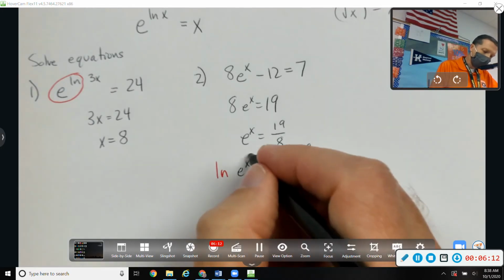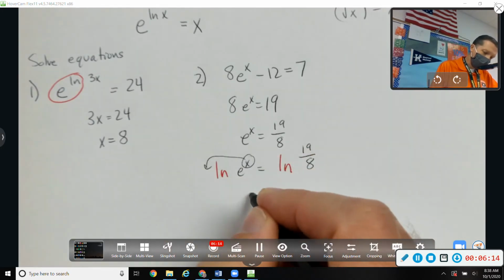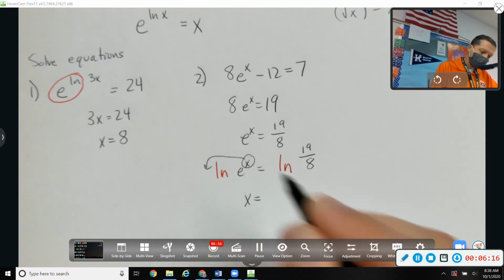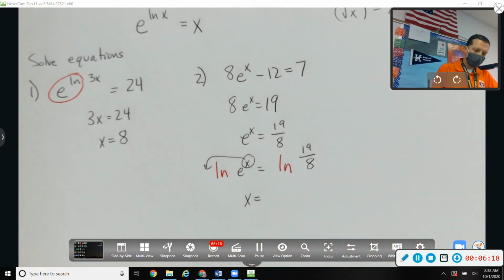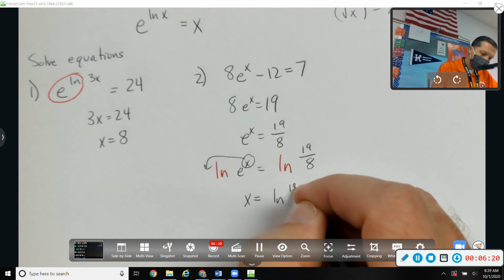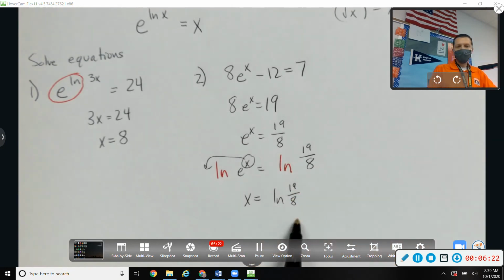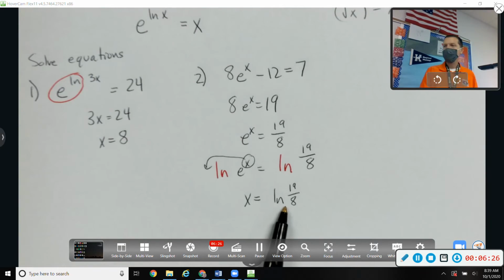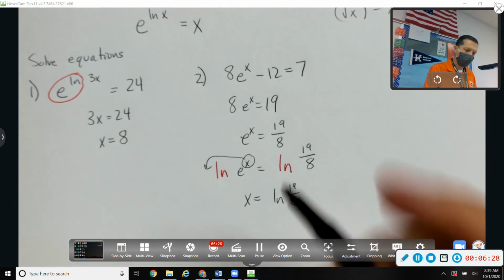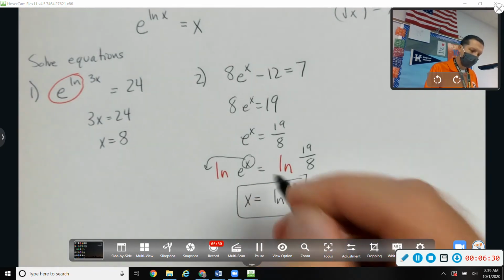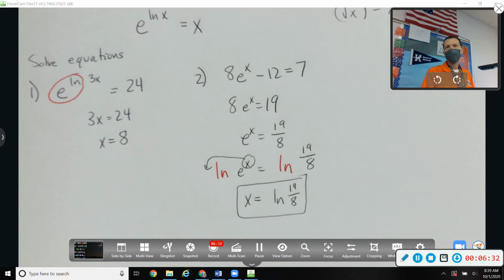And the reason you would do that is to get that x out of the exponent and down front. And then on the other side, that's a calculator ready answer. So in here, that's fine. That's an exact answer, and we don't even want to mess with that. Why take the time to type it in? That's good. That's our answer.